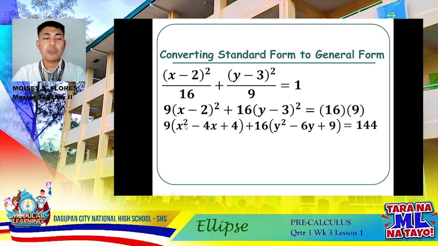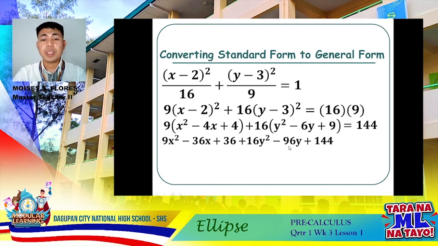Then we still have factors here, so we need to distribute. There you have 9x squared minus 36x plus 36, because we have applied the distributive property. On the other hand, we distribute 16 here. That's why we have 16y squared minus 96y plus 144.